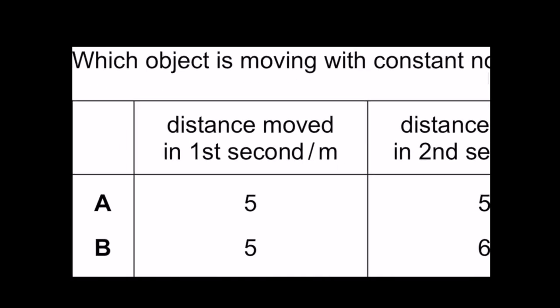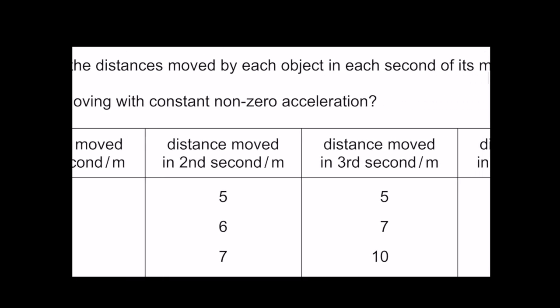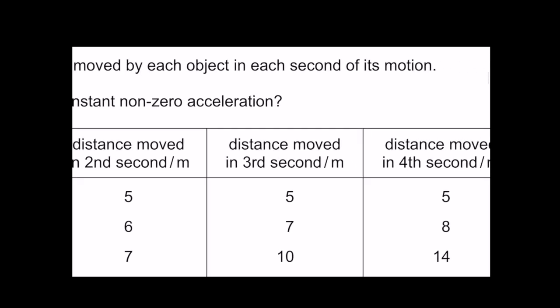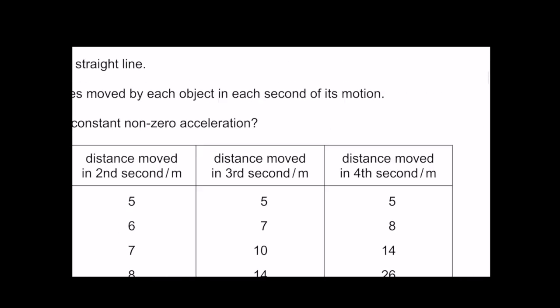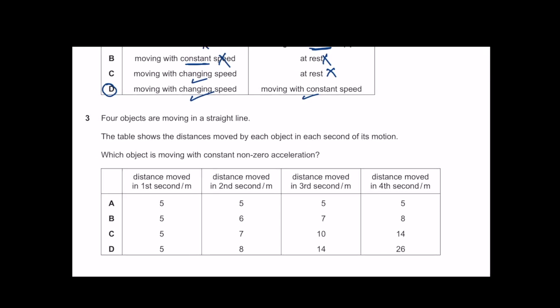For example, at A here, it's 5, then in the second second it's 5, then in the third second it's still 5, in the fourth second still 5. It means my speed is still constant, because I cover the same distance during the same time intervals. So the acceleration here is 0 and the velocity is constant. So A is not the right option.